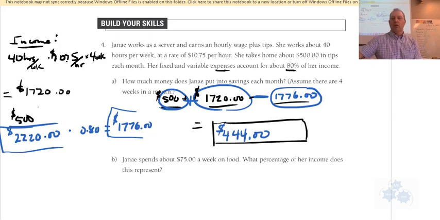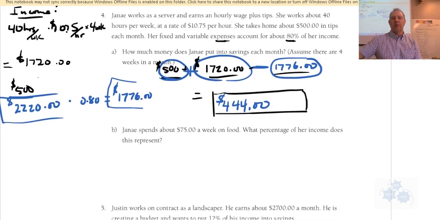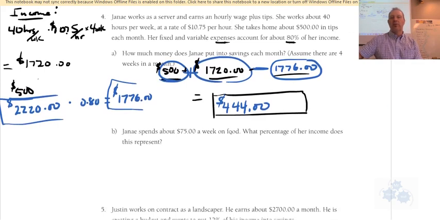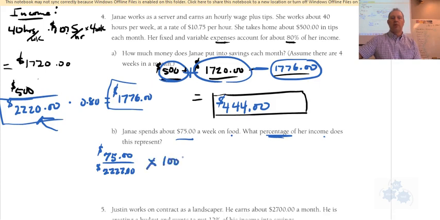Okay, so B says Janae spends about $75 a week on food. $75. What percentage of her income does this represent? Well, remember her total income is over here, and so $75 divided by her income of $22.20. Oh, and we'll times 100, of course, to get the percent.